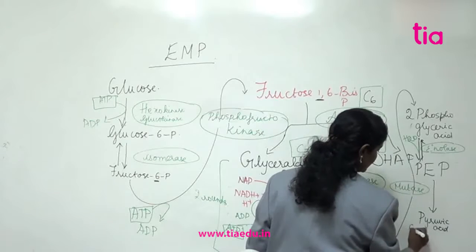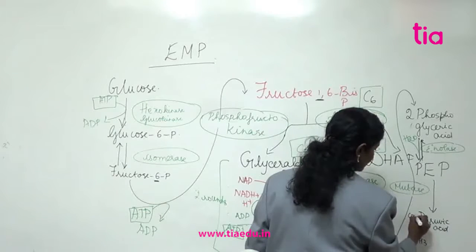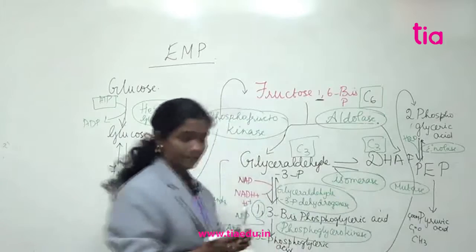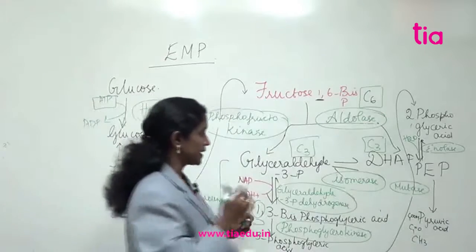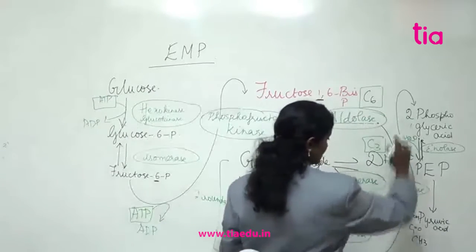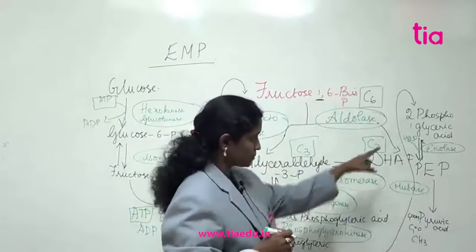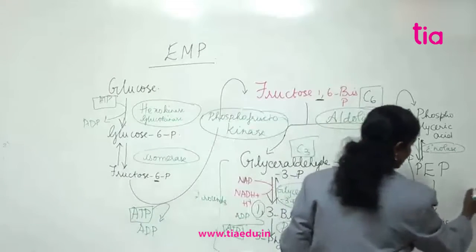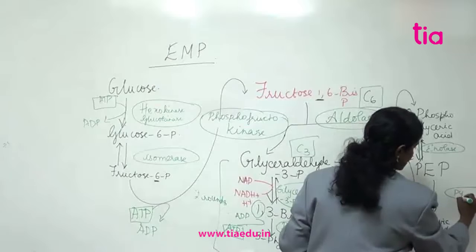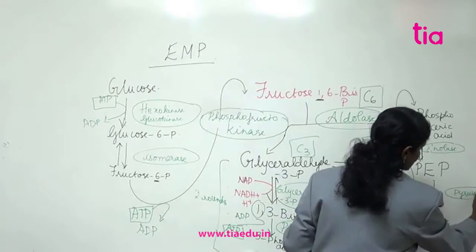CH3COCOOH. So we get pyruvic acid. Don't get confused here: the previous step is by the mutase enzyme, whereas PEP to pyruvic acid is catalyzed by pyruvate kinase. So we are seeing the fourth kinase now.